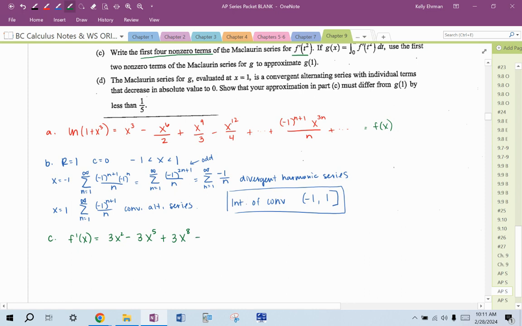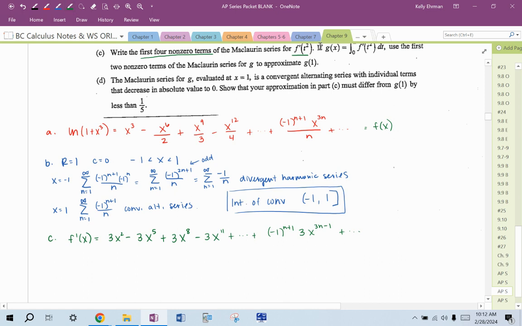Minus 12x to the 11th over 4, so minus 3x to the 11th, plus dot, dot, dot, plus negative 1 to the n plus 1. We're pulling down 3n, so 3n over n is going to be 3, and then we get x to the 3n minus 1, plus dot, dot, dot. So write the first four non-zero terms for f prime.